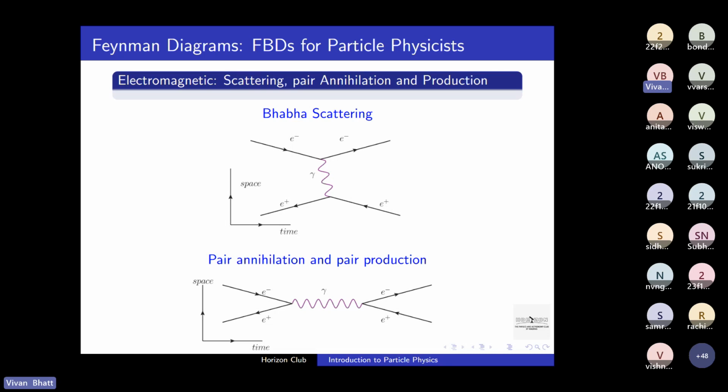The second one is the very famous annihilation and pair production, which I'm sure you must all have heard about in some pop science context. Electron and positron will annihilate to give an insanely high amount of energy. The opposite of that is pair production: that same photon can also make an electron and positron. You must have heard of pair production in the context of Hawking radiation or something, I suppose.